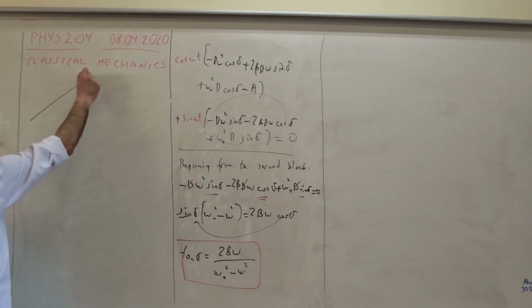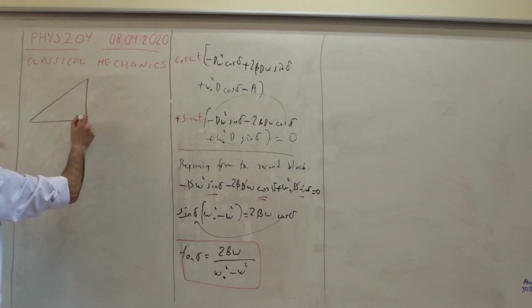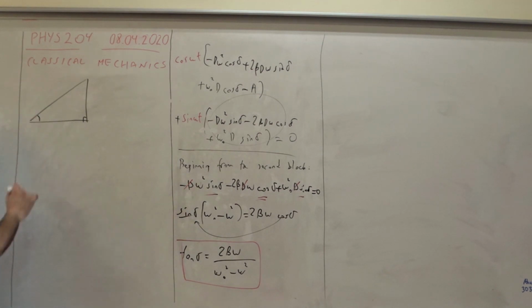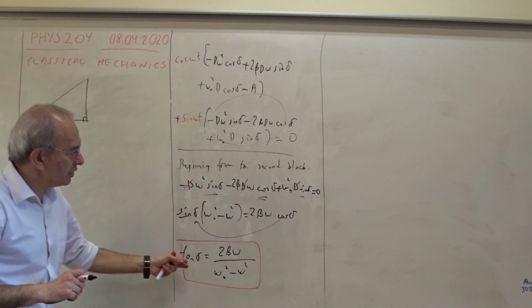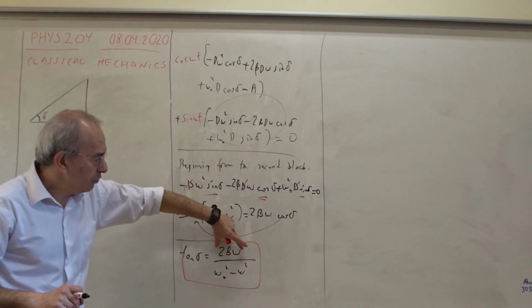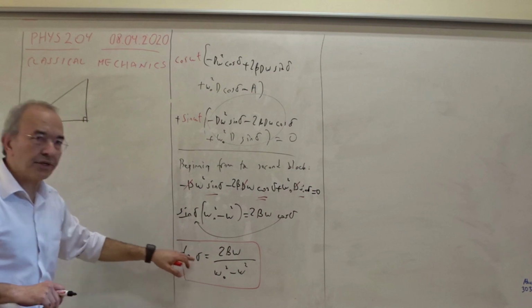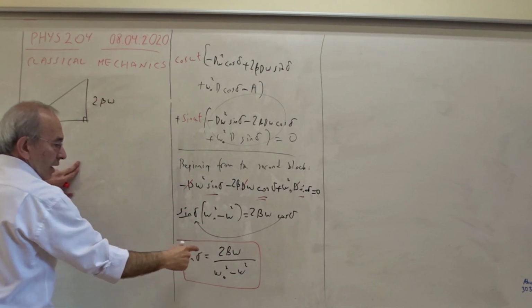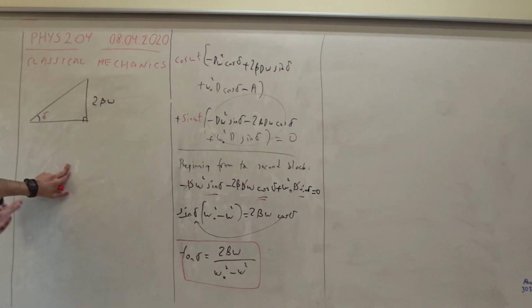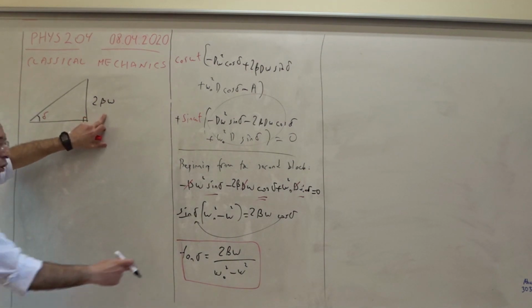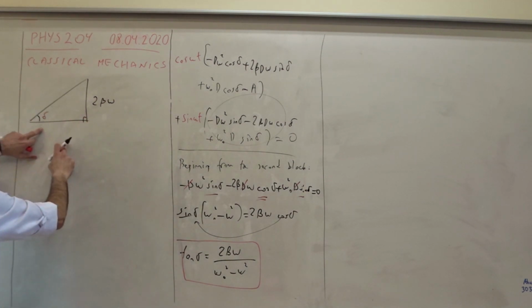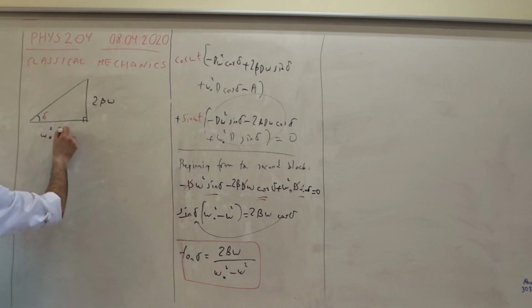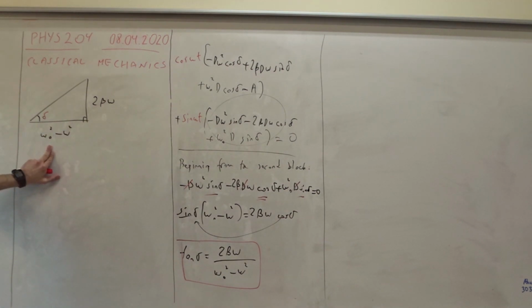So let me draw a right triangle, and this angle let it be delta. If tangent delta is the right hand side, it means the numerator is the opposite side, the denominator is the adjacent side. So we have 2 beta omega. By the way, don't confuse omega and omega 0, please. They are necessarily different things. 2 beta omega for the opposite side and omega 0 squared minus omega squared for the adjacent side.